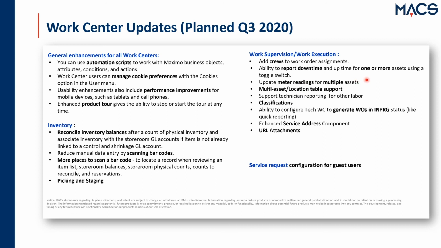So in this case, you can only do it for the asset itself on the work order, but in the next version you also have the possibility to do it for more assets. Also update meter readings for multiple assets, so you can see that they're working on giving possibilities to do actions for multiple records instead of only one record.